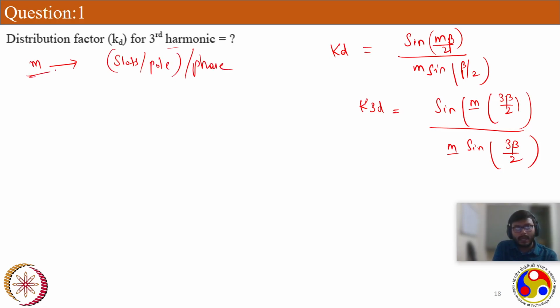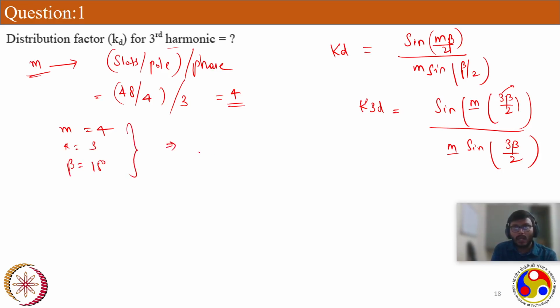This is nothing but the M here. 48 by 4 by 3. What is it number? 4. Now in the formula, M is equals to 4. And actually this is kth harmonic. K is equals to 3 and beta is equals to 15.